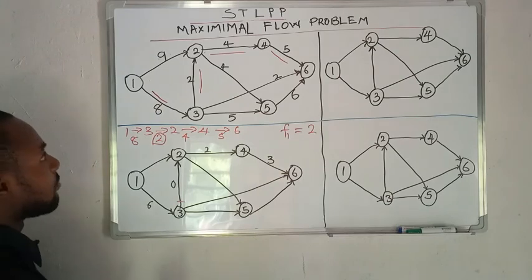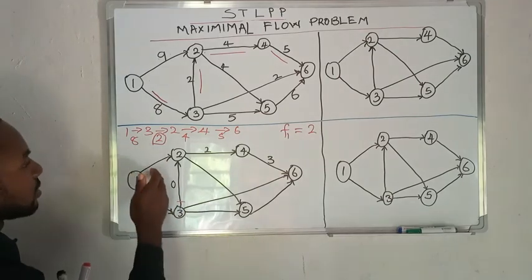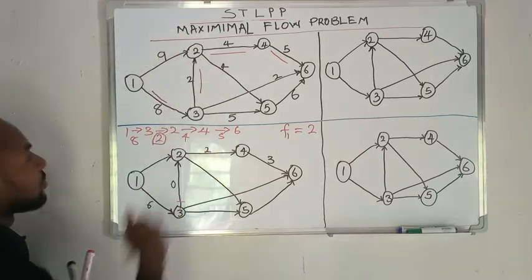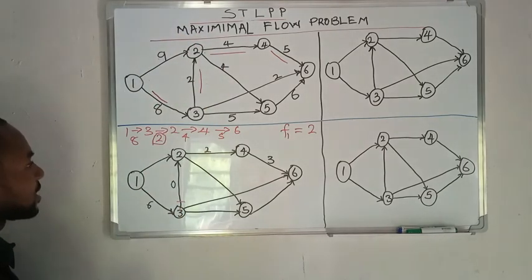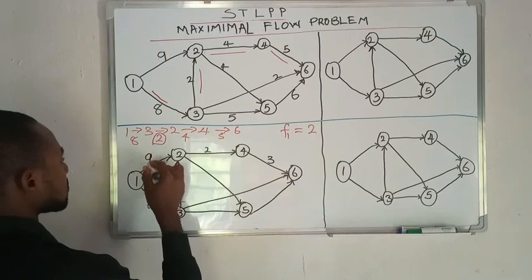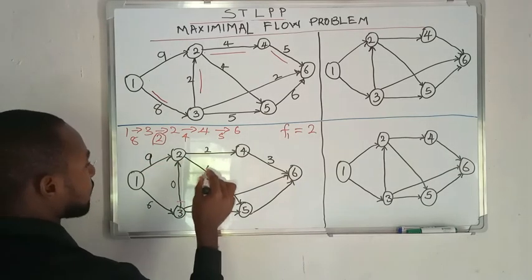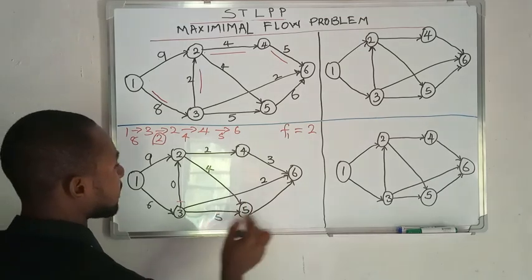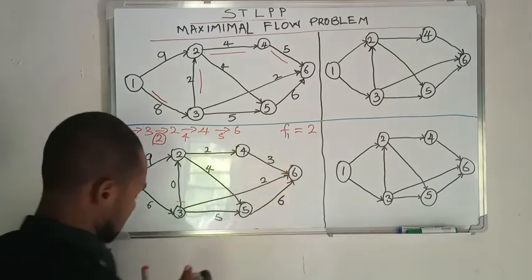But before that, we write out the remaining capacities that we didn't pass through. So right here we'll have 9, and here we'll have 4, 2, 5, and 6.